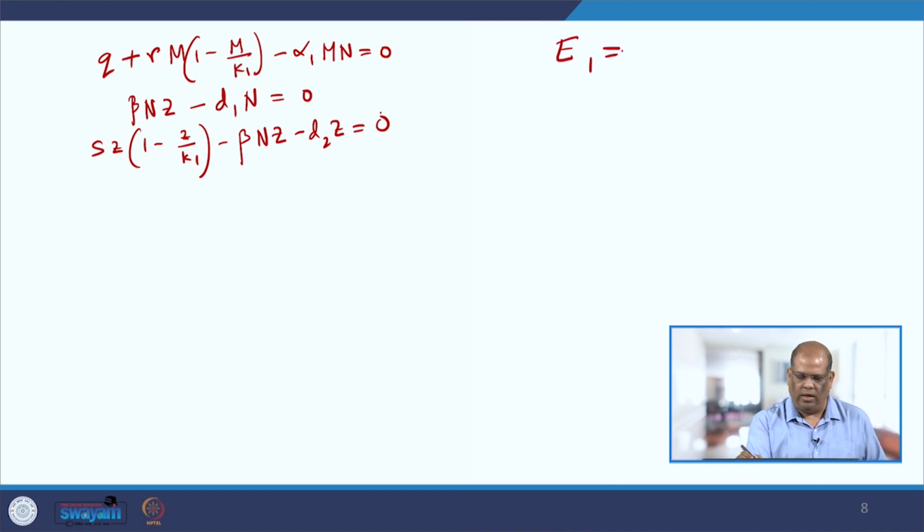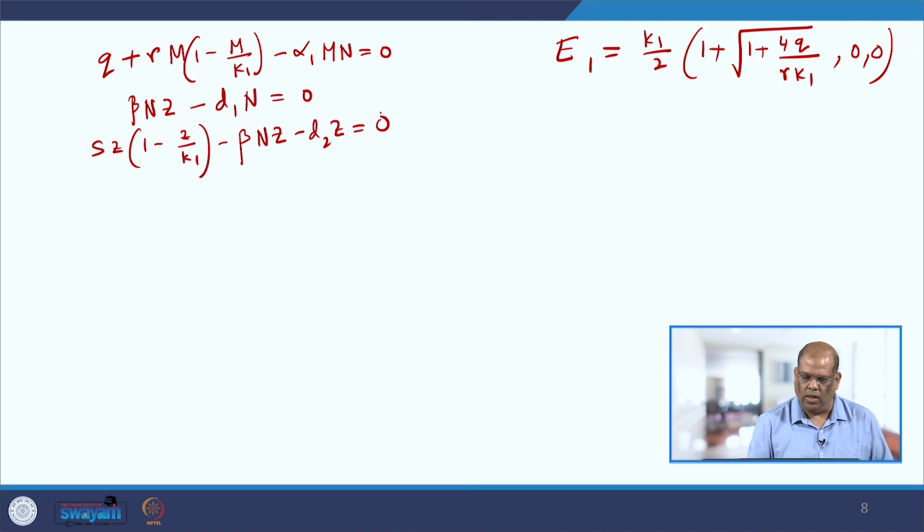The first one is E1, which will be K1 by 2, 1 plus square root of 1 plus 4Q by RK1, comma 0, 0. Yes, there is one thing, there is a constant input of Q number of tumor cells in this model.